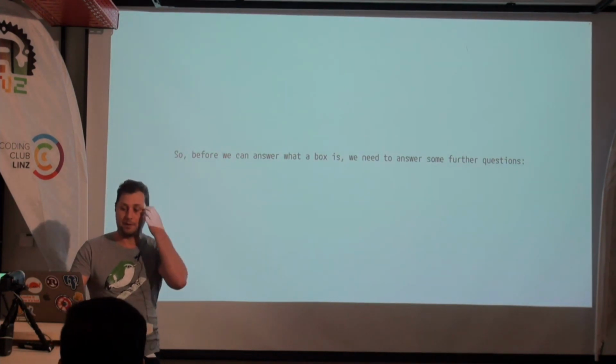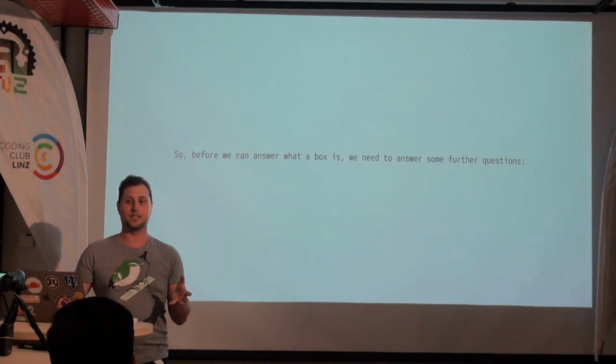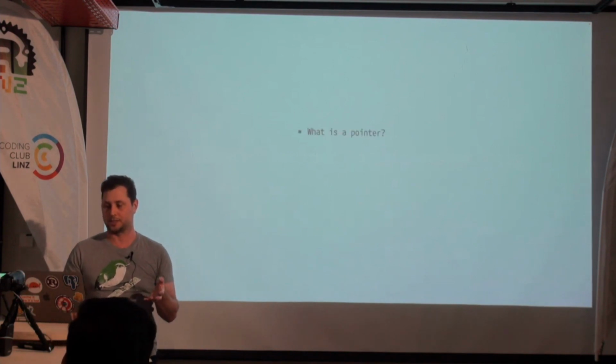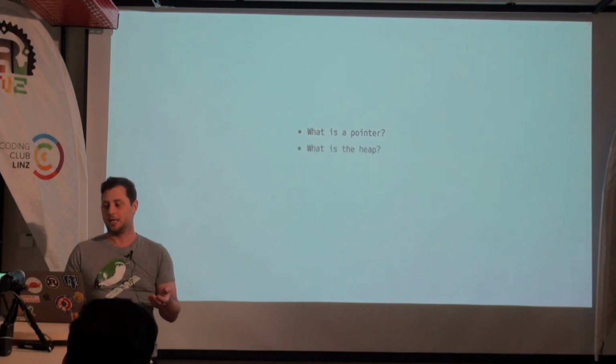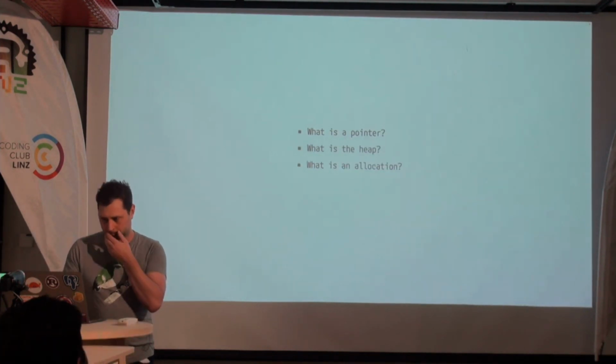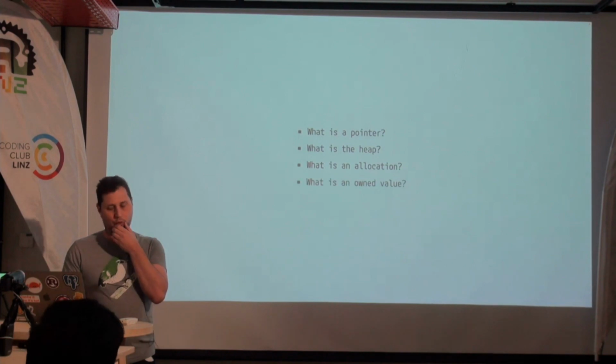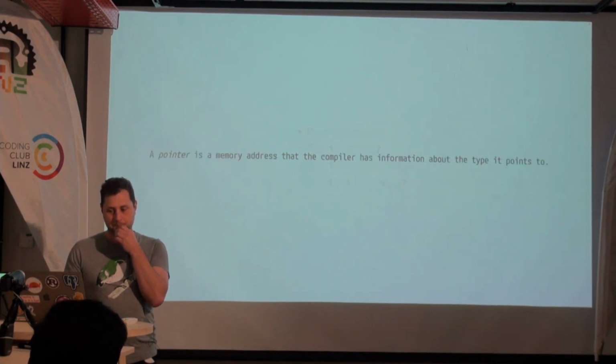So we've got this problem that before we can answer what a box is, we've got some further questions like, what is a pointer? Because we need to know what a pointer type is. We need to know what a heap is, we need to know what a memory allocation is. What's an owned value? Okay.